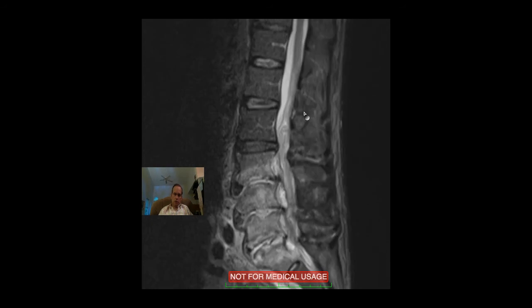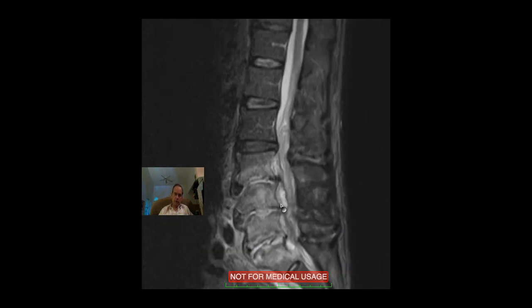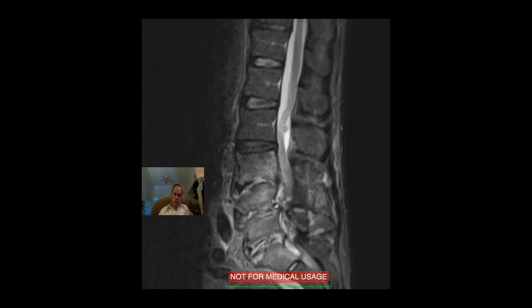Here's another more T2 weighted sequence showing you more clearly the edema associated with the end plates and the profound irregularity of this L4 vertebral body due to the degenerative changes. But here at least you can see the maintenance of the overall general configuration of the L4 vertebral body as well as L3 and L5 vertebral bodies.